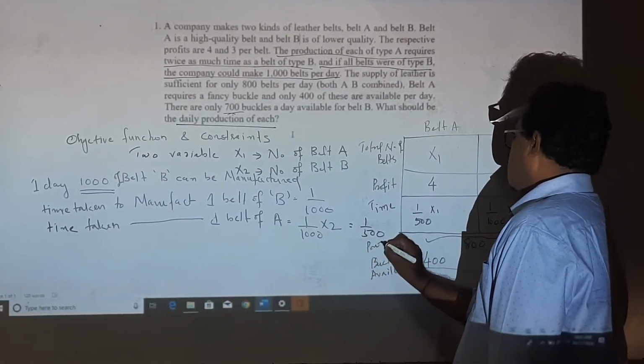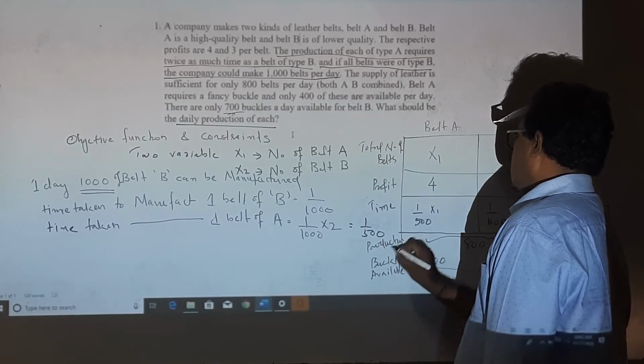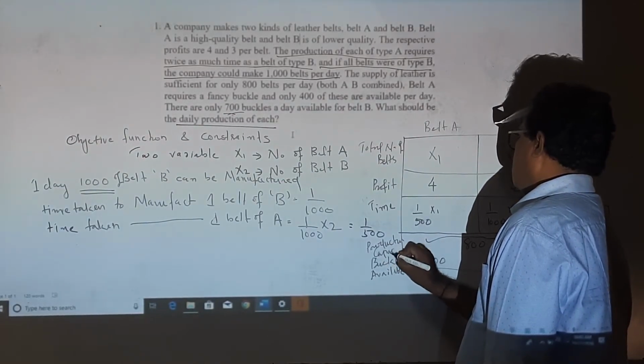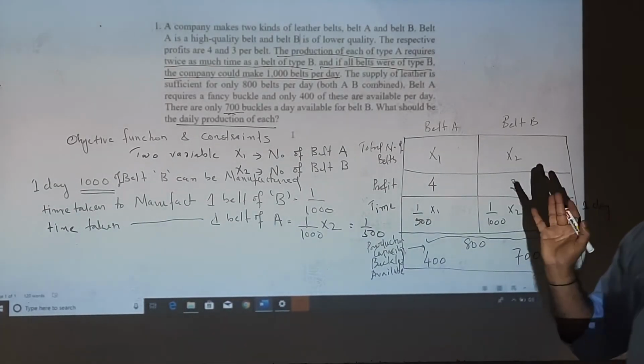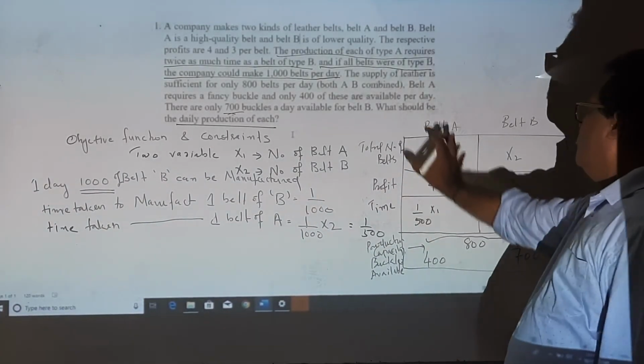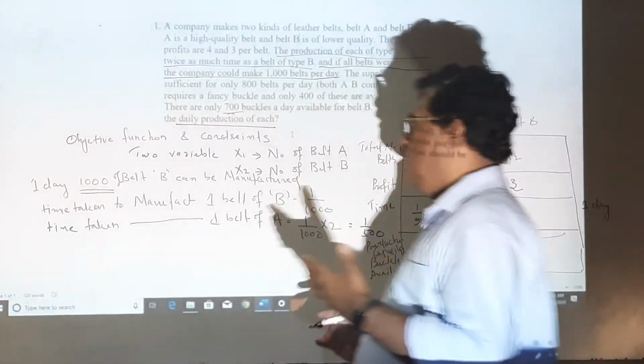Production capacity is 800. So this is the total problem we have just decoded.